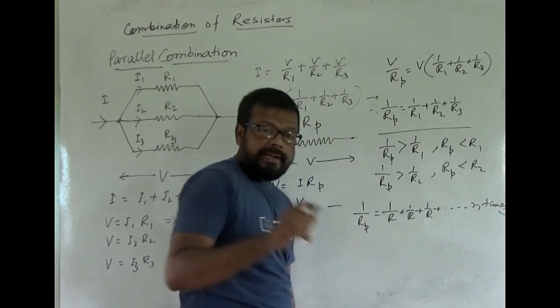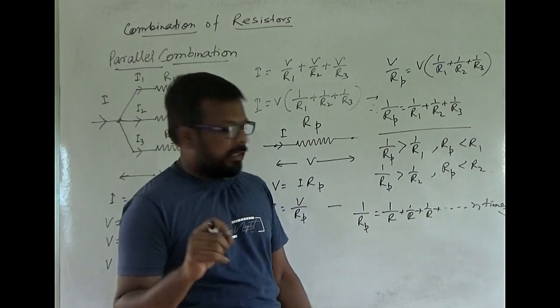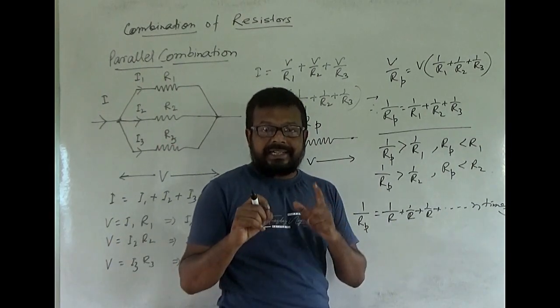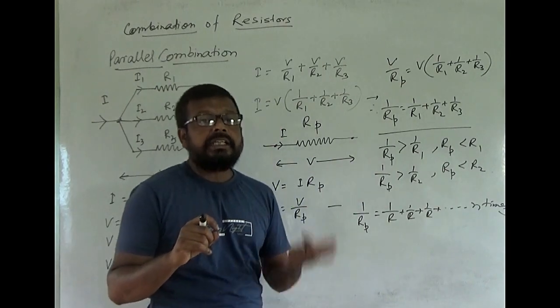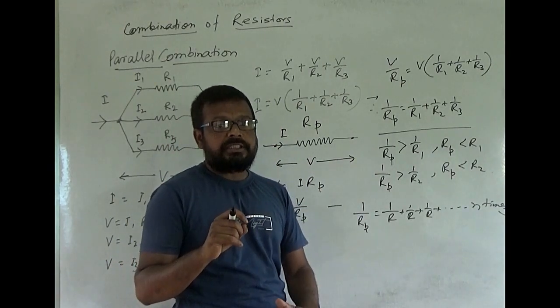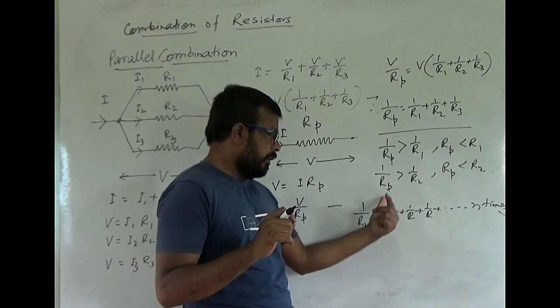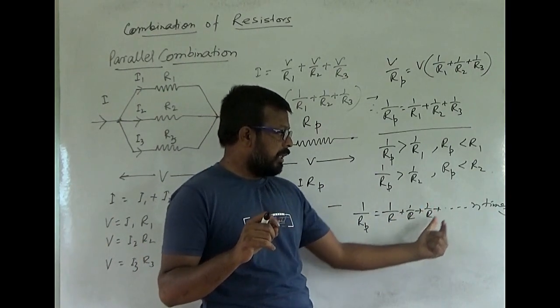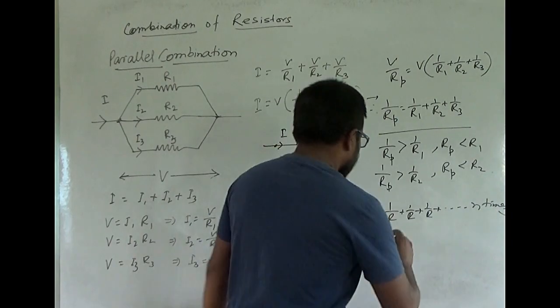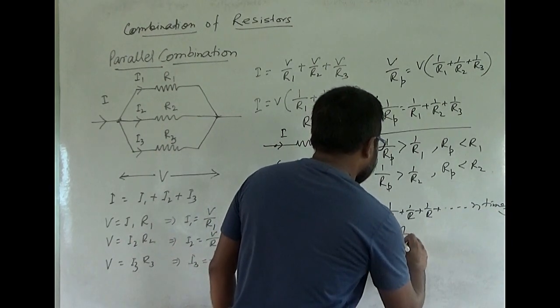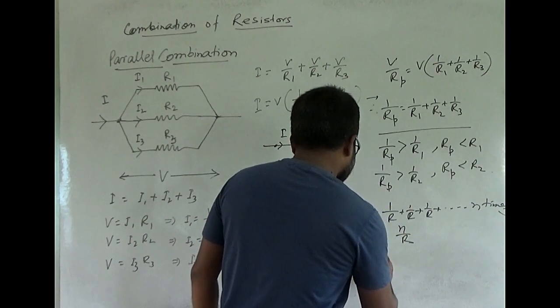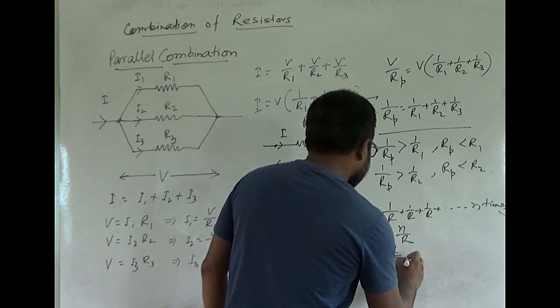If n number of resistors of the same resistance R are connected in parallel, and the equivalent resistance of that combination is Rp, then 1 by Rp equals 1 by R plus 1 by R plus dot dot dot n times, and the sum of this is n by R. Therefore Rp equals R by n.